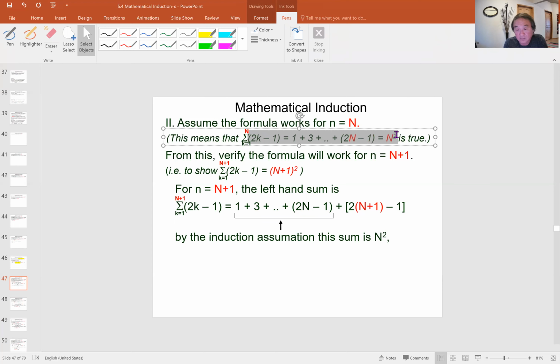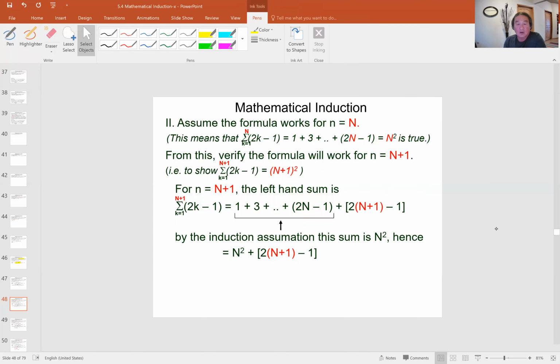That is, the previous part will add up nicely to n squared. And now all I have to do is add this little new thing, the 2n plus 1, to this n squared. And lo and behold, when you clean it up, this is n plus 1 squared, which is exactly what we want to show. So this is the induction argument.